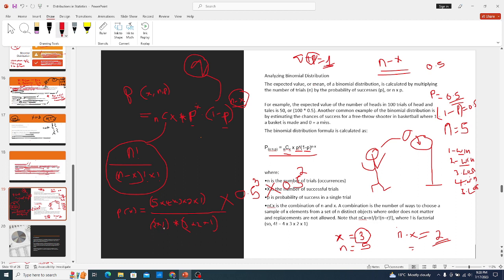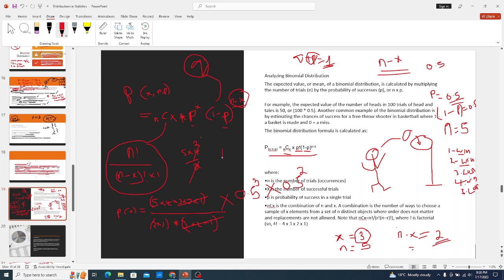So let's just simplify. I'm just going to cancel this with this. So here we are left with 5 multiplied by 4 divided by 2. I can as well divide this and this to have 2.